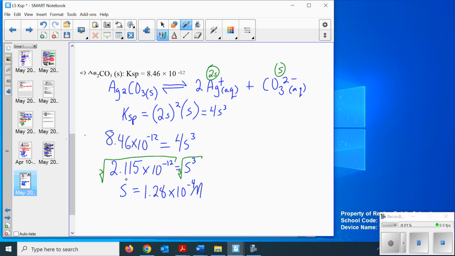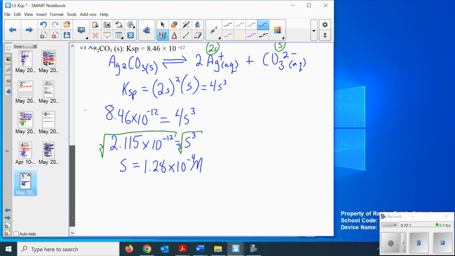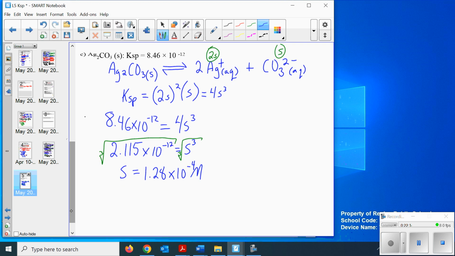I'm going to slide up and reread the question. Find the concentration of the ions in solution. To calculate the solubility, done. And then the ions. Sometimes they're the same, sometimes they're not. I'm going to do this one in green. The concentration of Ag plus, so I put it in square brackets because that means I'm getting concentration.